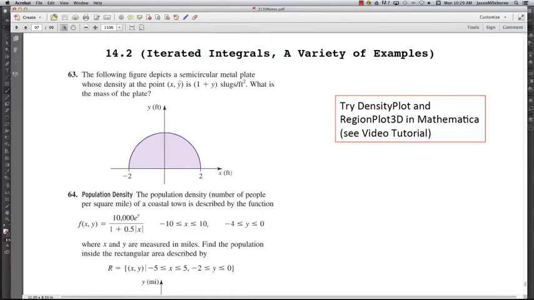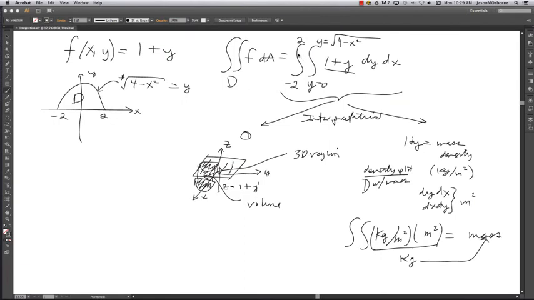In the previous video, we were looking at this function here, 1 plus y, as a density function, and we interpreted the double integral as the mass of this region, D, given by the semicircular region. We showed that the double integral we needed to do was given by this, and then we showed the interpretation of that as a mass integral.